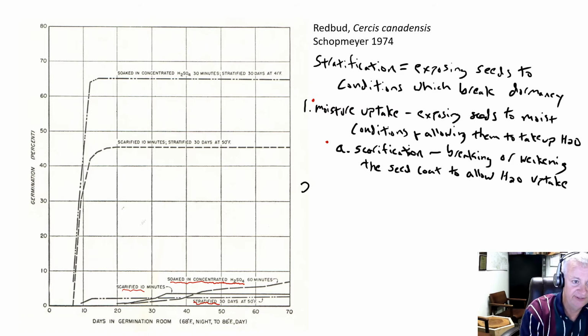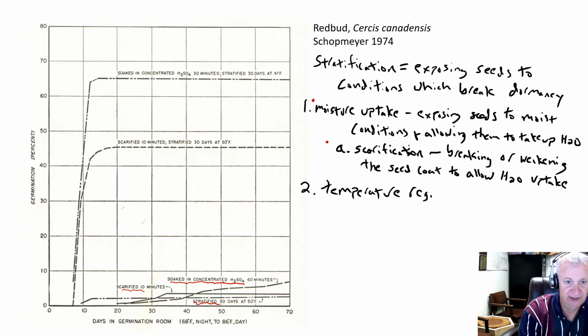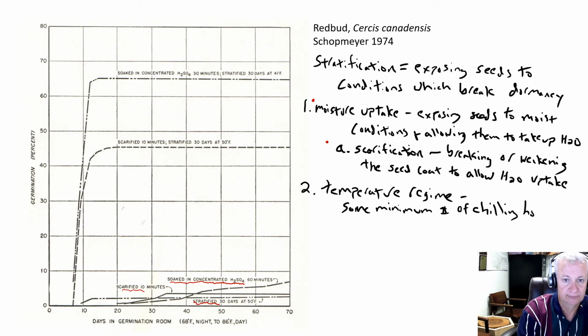So often there's some temperature regime that is necessary to break dormancy. So maybe some minimum number of chilling hours may be required, or chilling plus warming, or some other temperature regime is required.